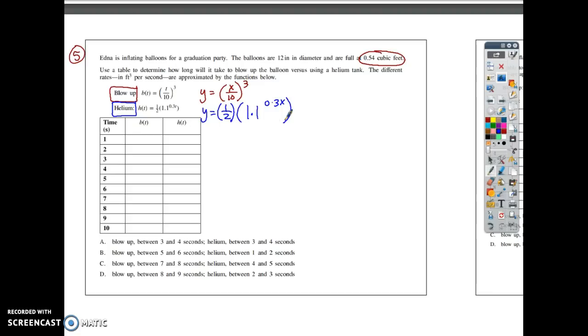Okay, so those are my two equations. We're going to put them in y equals and second graph to fill in the table. So I'm going to go one at a time. Or should we put both of them in at the same time? Let's put both of them in at the same time.